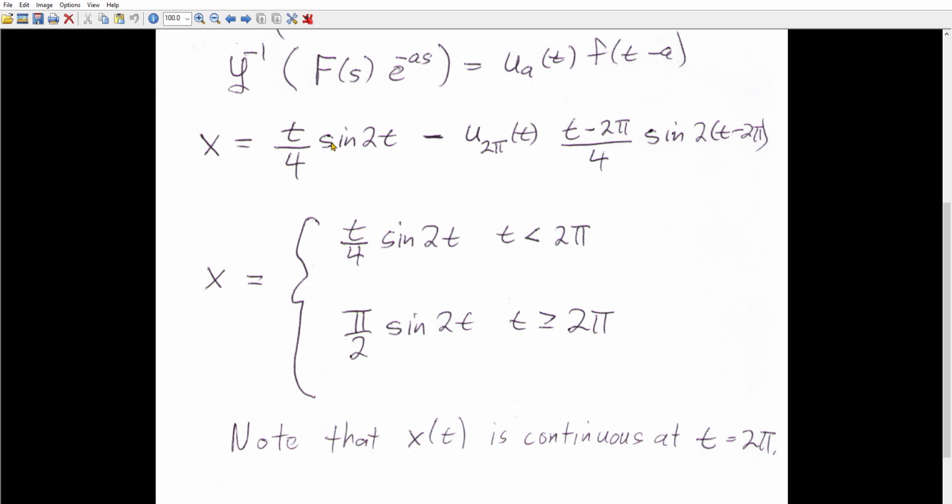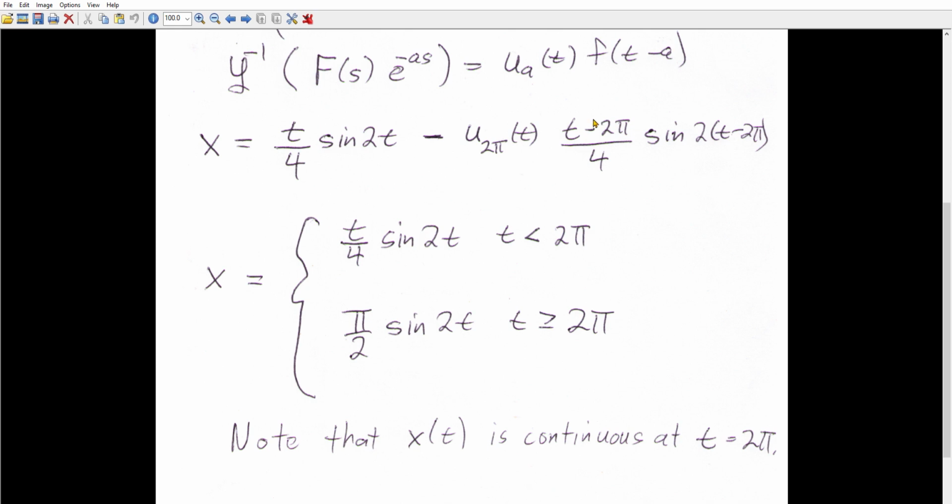And you'll notice this t over 4 sine 2t cancels with this t over 4 sine 2t. The reason it's sine 2t is because it's actually sine of 2t minus 4 pi, but because of periodicity, that's the sine of 2t. So this t over 4 sine 2t cancels that t over 4 sine 2t.